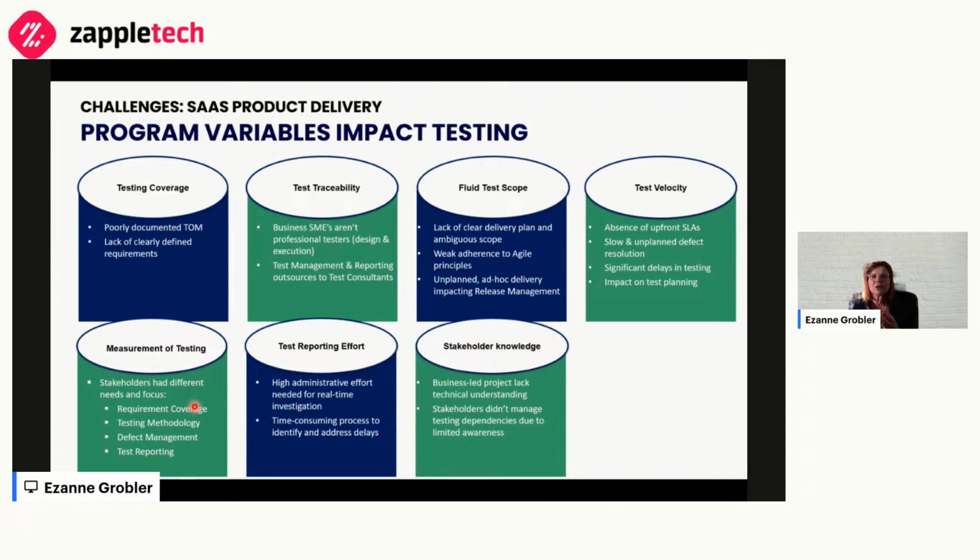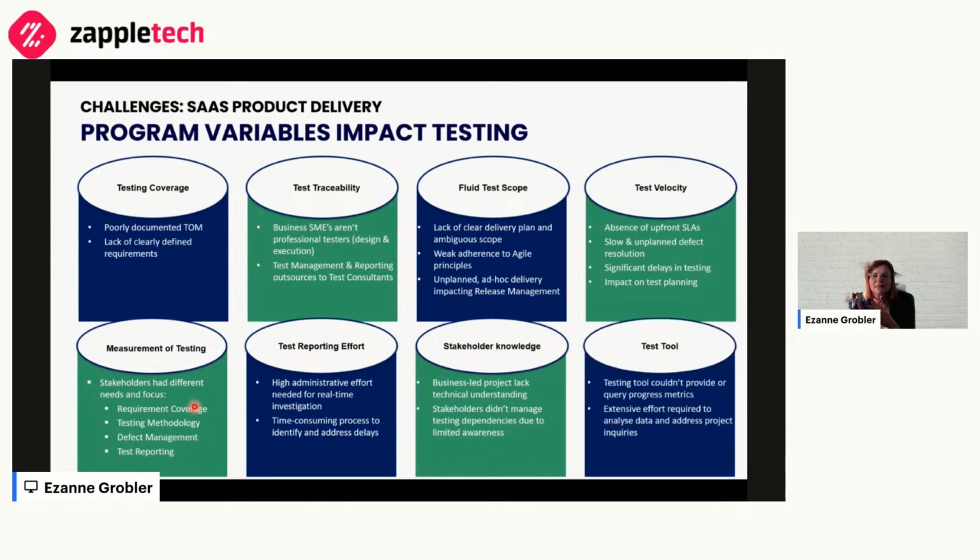We sat with a business-led type of program. We sat with a software as a service vendor that's not aligned to testing jargon or testing ways of work. And that again meant that whenever we presented testing metrics and testing reporting, these guys just didn't understand what we tried to convey.